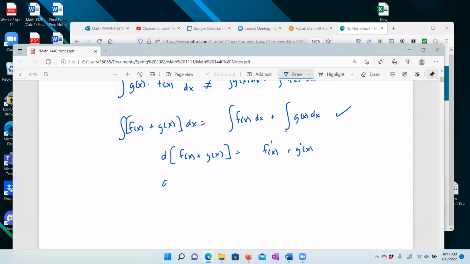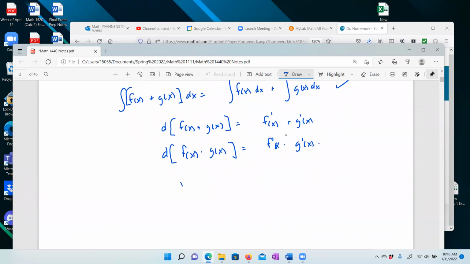But if you remember, when we had this thing times g of x, we couldn't say this was f of x prime times g prime. We could not do this. The product rule we had to deal with. Okay. So if you remember, this was the derivative of the first times the second, plus the first times the derivative of the second, and that's how we had to put this together.